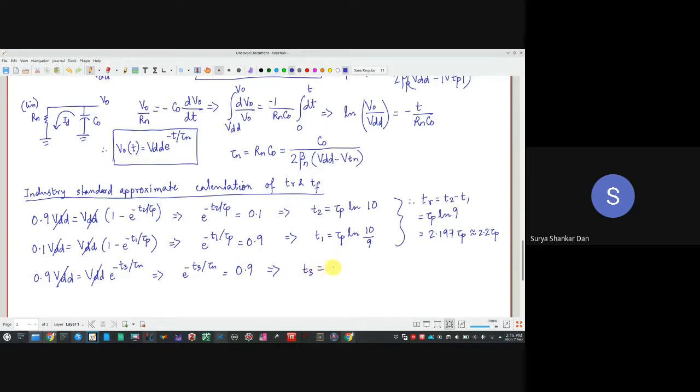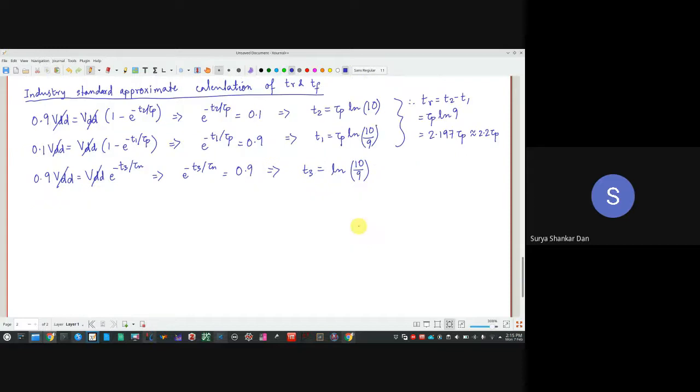T3 will be equal to ln... this will be 0.1 VDD. e to the power of minus T4 by tau n is equal to 0.1.